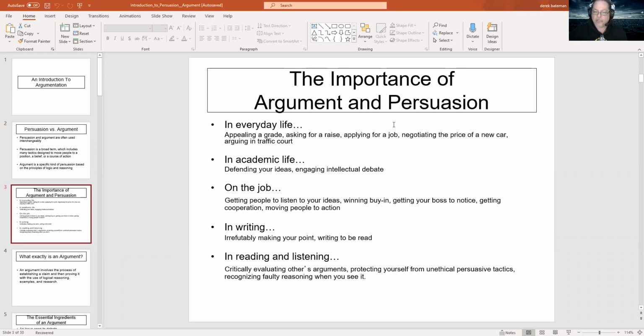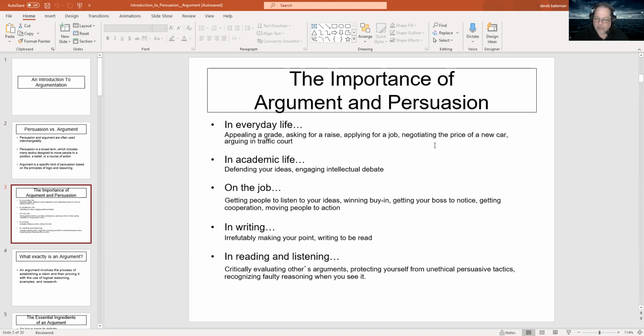Importance of argument and persuasion. Well, again, why should you be studying this other than just so you're prepared for your exam? Well, because in everyday life, all these things, I'm not going to read everything to you. You can read yourselves, right? But you're engaging in forms of argumentation and persuasion every day, right?